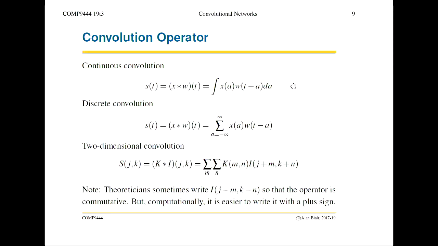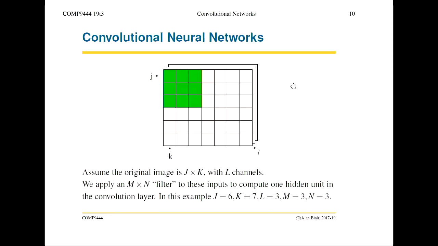That's a very nice mathematical property. When we switch to the plus sign, it's no longer commutative, but in neural networks we don't really care much about it being commutative. We just find it easier to deal with the plus sign when we write a computer program. Okay, so we're always going to be using the plus sign, but I'm just making you aware of this because you may see some sources that use the competing convention.